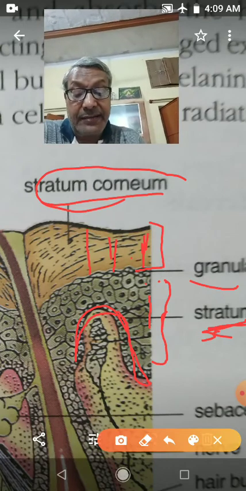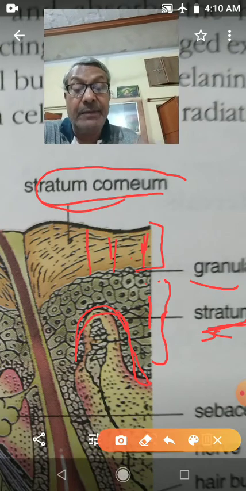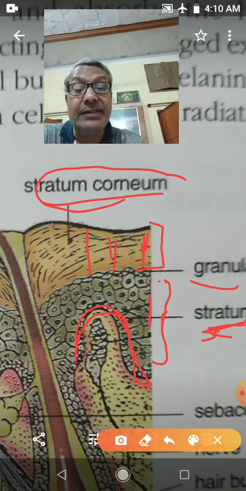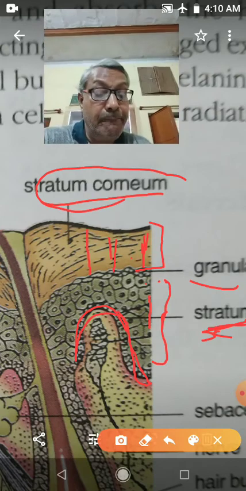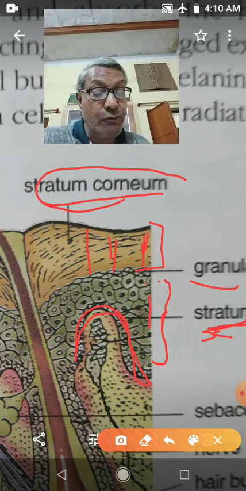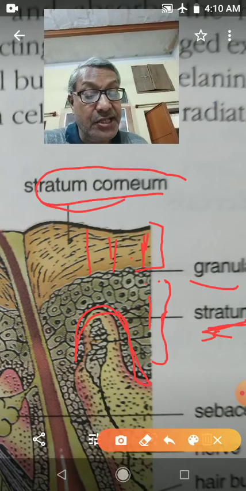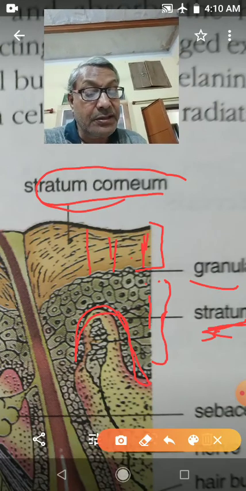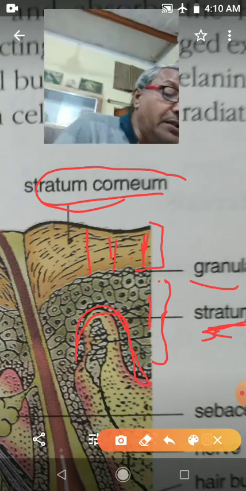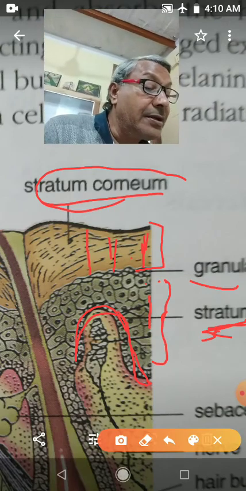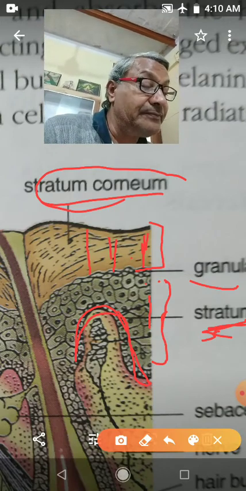In this layer, a pigment is present, and that pigment is called melanin. So melanin pigment is present in the cells of germinative layer. This melanin pigment is responsible for coloration of the skin.